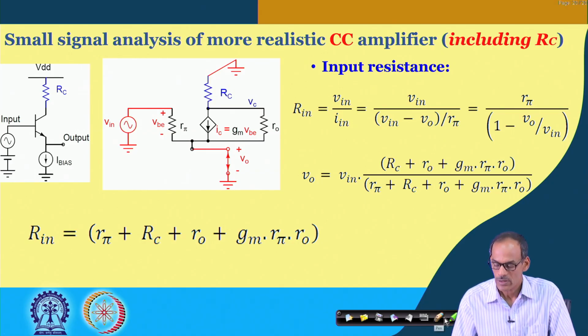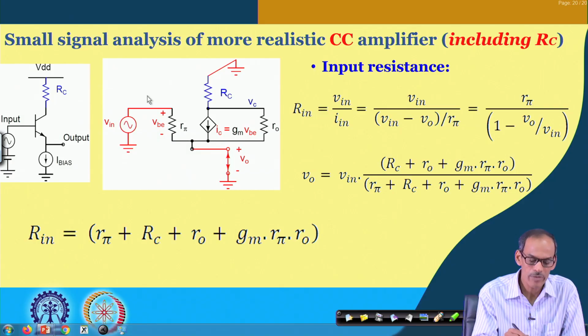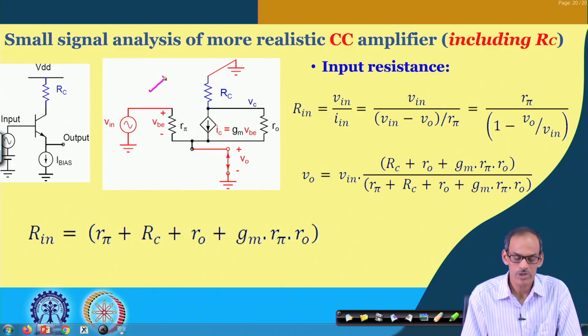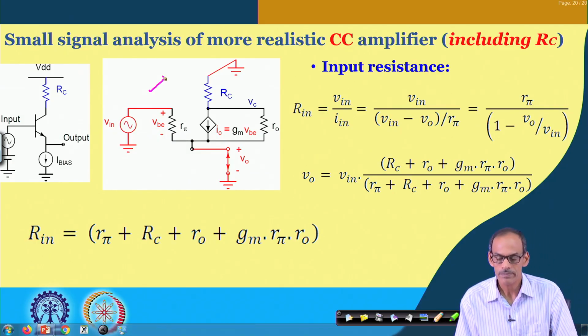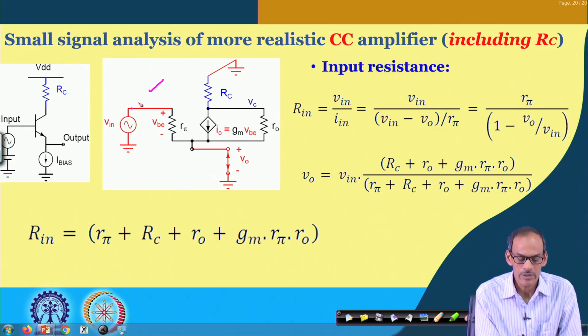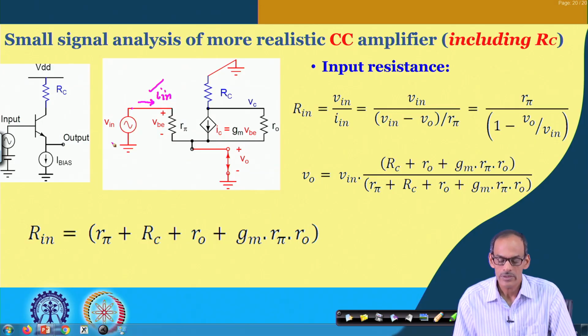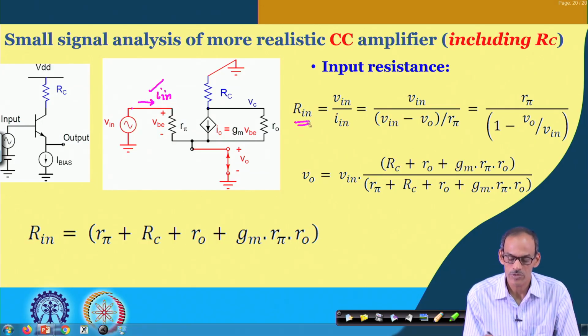So, let us concentrate on the input resistance, and here we do have the same small signal equivalent circuit. For input resistance, if we are applying V in here, whatever the I in is flowing, if I get the expression of I in terms of V in, that gives us the corresponding input resistance.